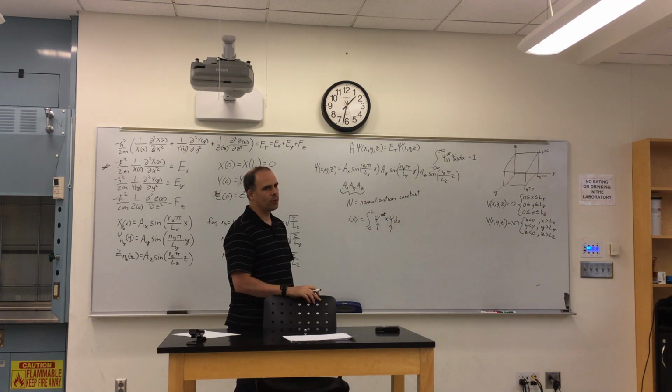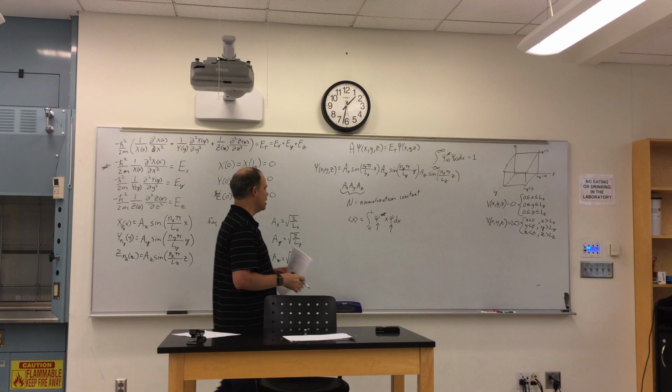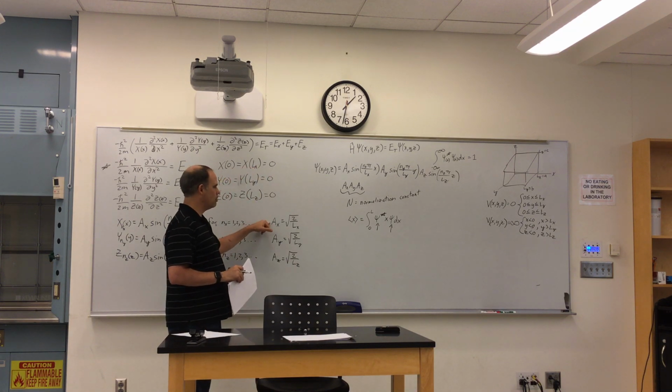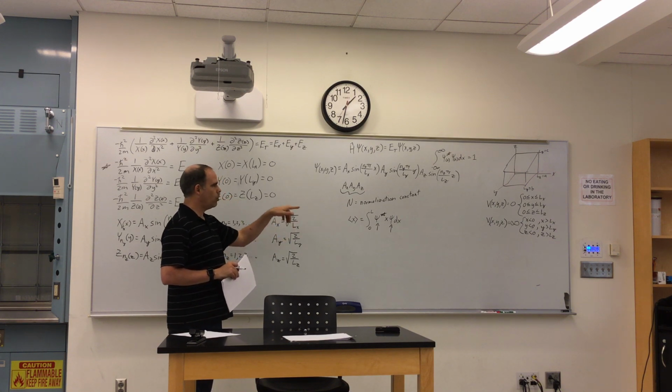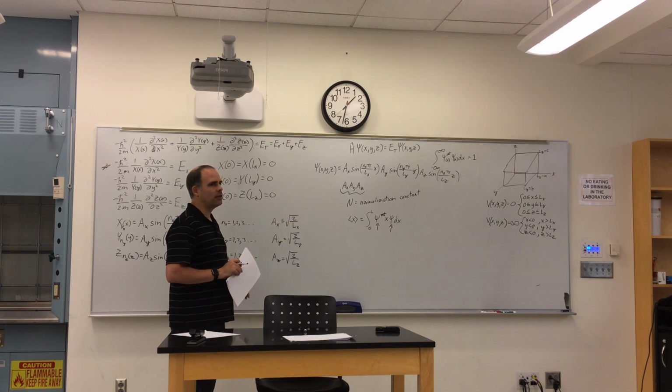Those functions had to be normalized. And so we need a normalization constant, and it's the square root of 2 over the length for the 1D particle in a box.